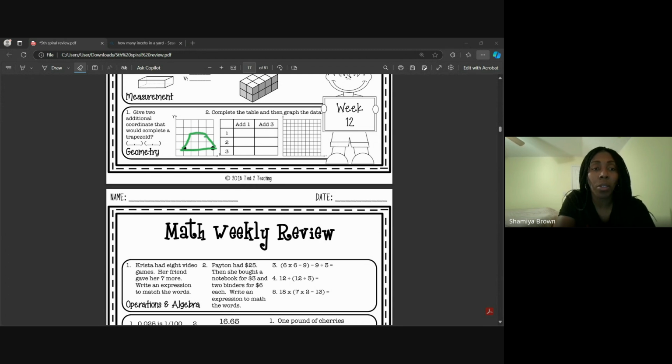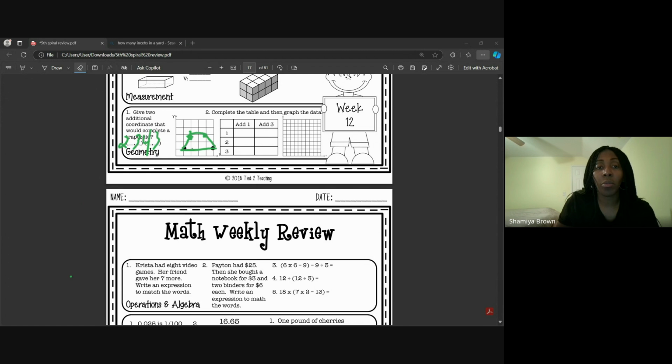So my points would be here and here. For this point, I would go over 1, 2, and up 1, 2, 3. So 2, 3. Then for this point, I would go over 1, 2, 3, 4, and up 1, 2, 3. So 4 and 3 would be my 2 points that would make a trapezoid.